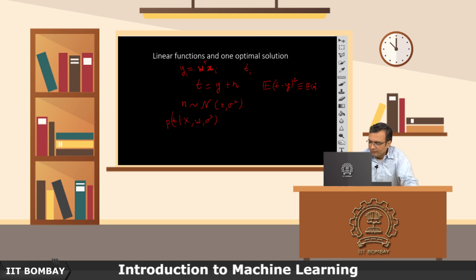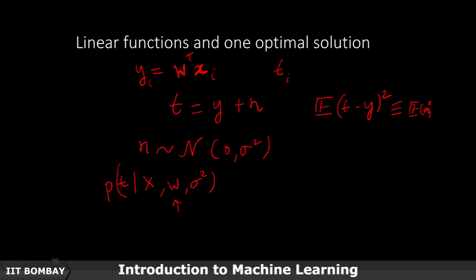It means that under this given model, what is the distribution of t? And what is the model? The model is based on the weights w, and there is an assumption of an underlying variance of the noise, sigma. And what is this capital X? Capital X is basically the entire data matrix.